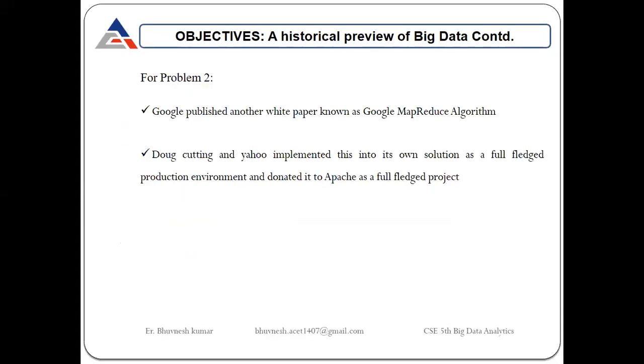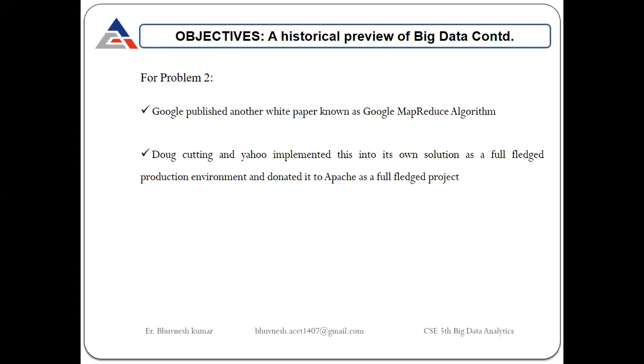Further, the second problem that arises is that Google published another white paper, known as the Google MapReduce algorithm. This is also a problem that arises to map your data, and then reduce that data into small blocks. For that, there is an algorithm named MapReduce.